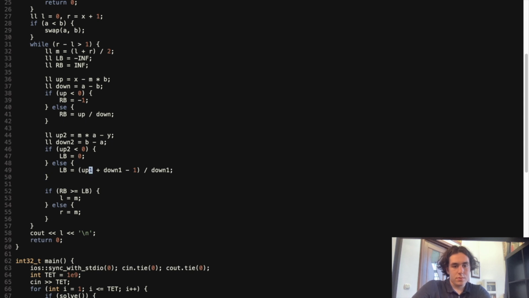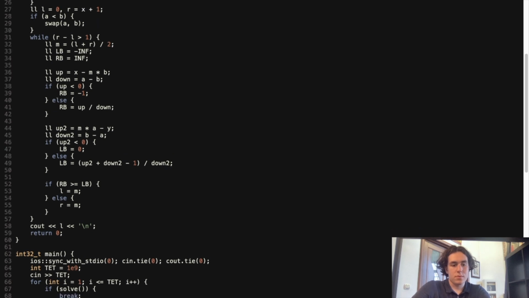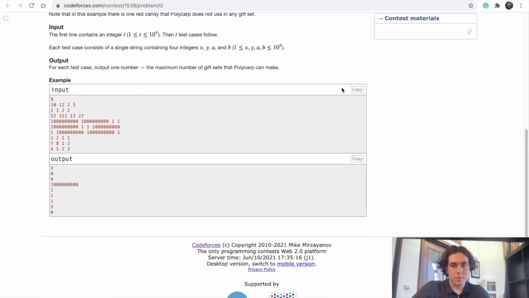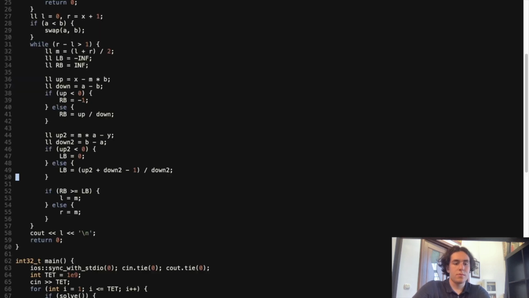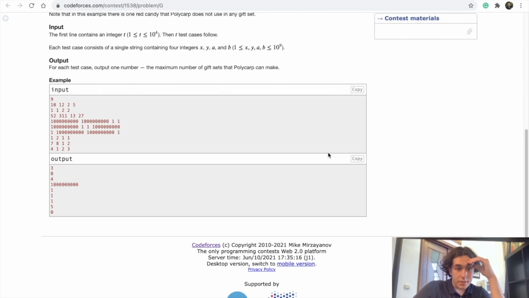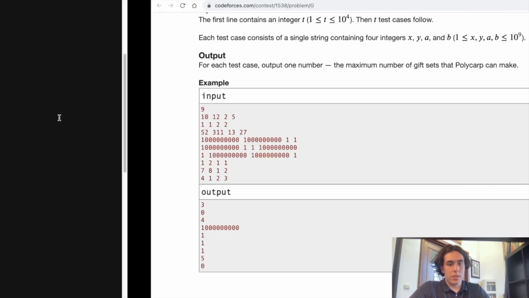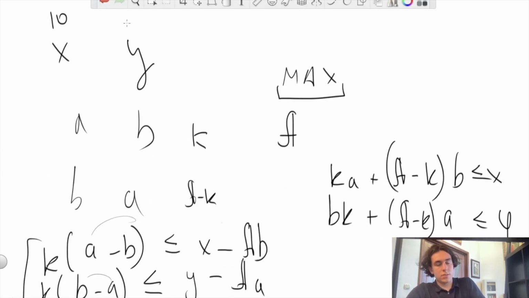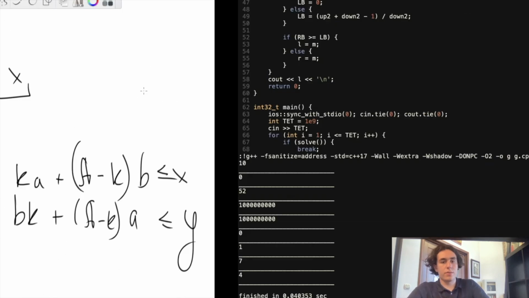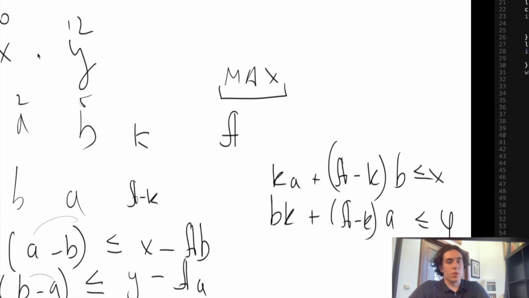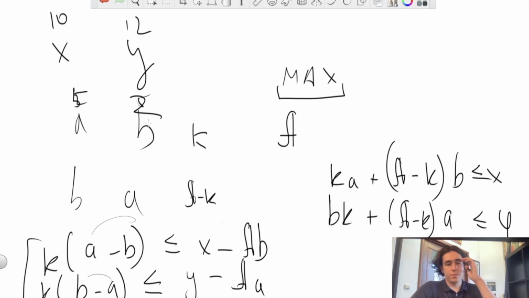Up 2. That's too much. 10 12 2 5. We swap them, so it's 5 2. This is 3. This is like 10 minus something multiplied by 2.